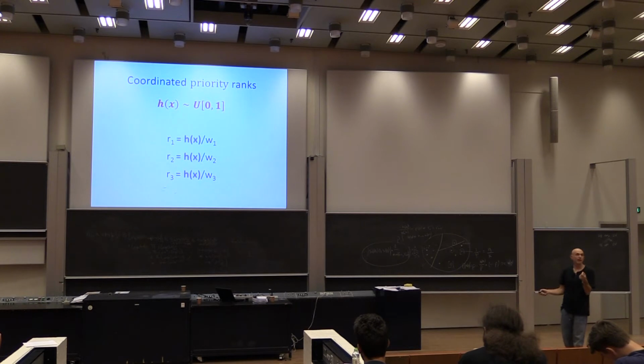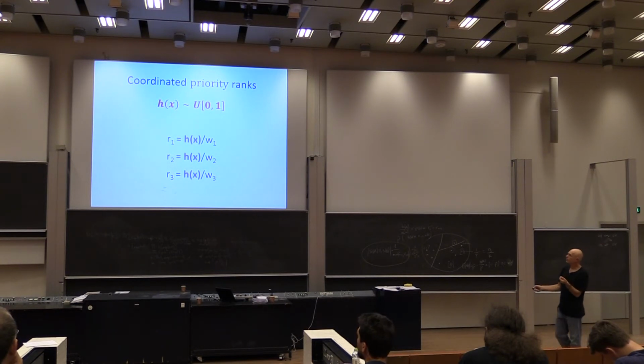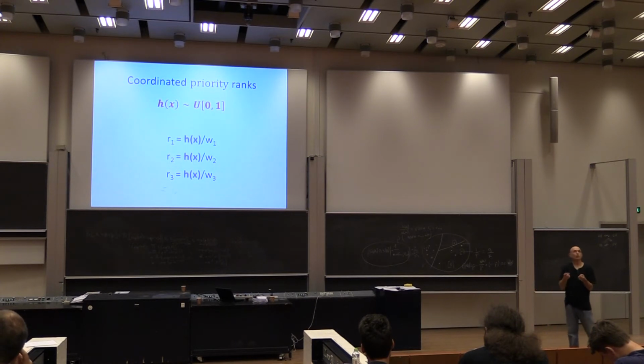When they see an item x, they get the same hash value, but router 1 gets R1, which is the hash over w1, as the rank of the item. Router 2 gets another. So basically, the ranks are different, but the hash values are the same. So that's how you combine both. You get coordination and weighted sampling at the same time.